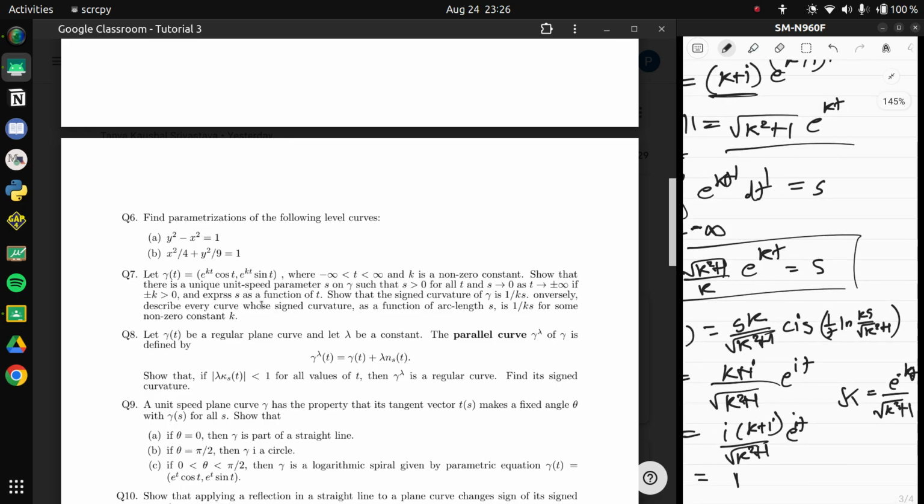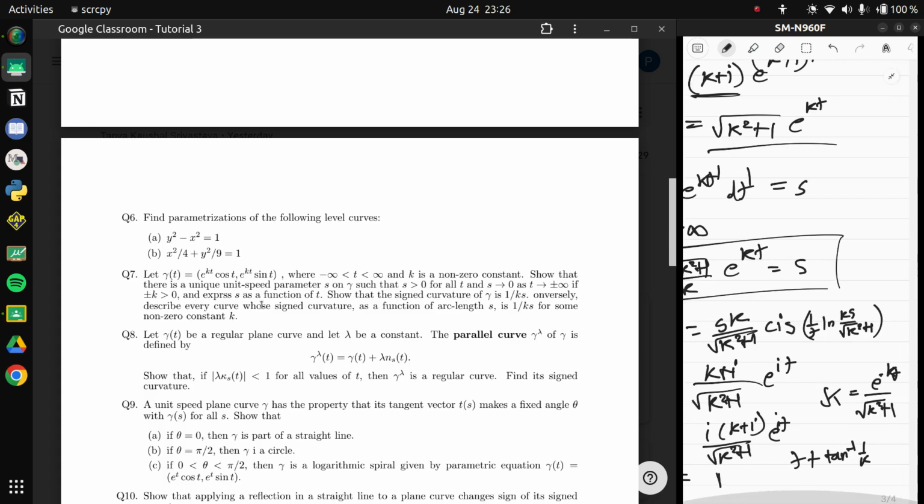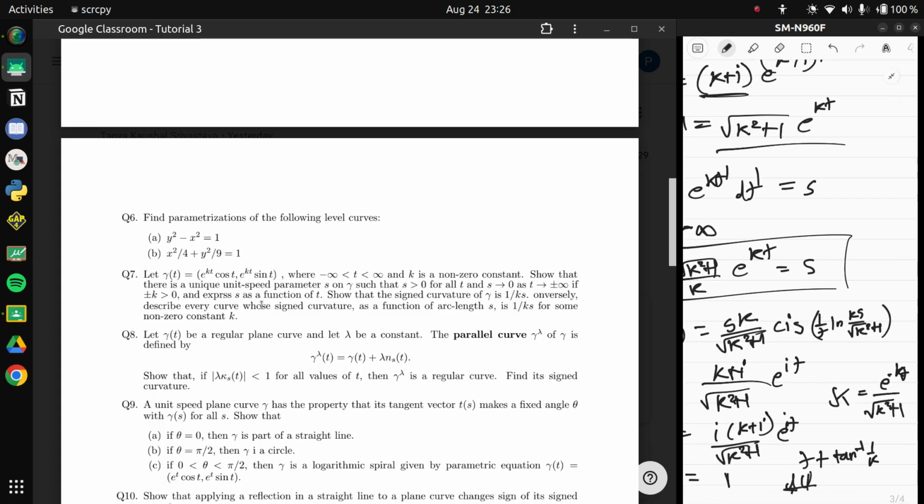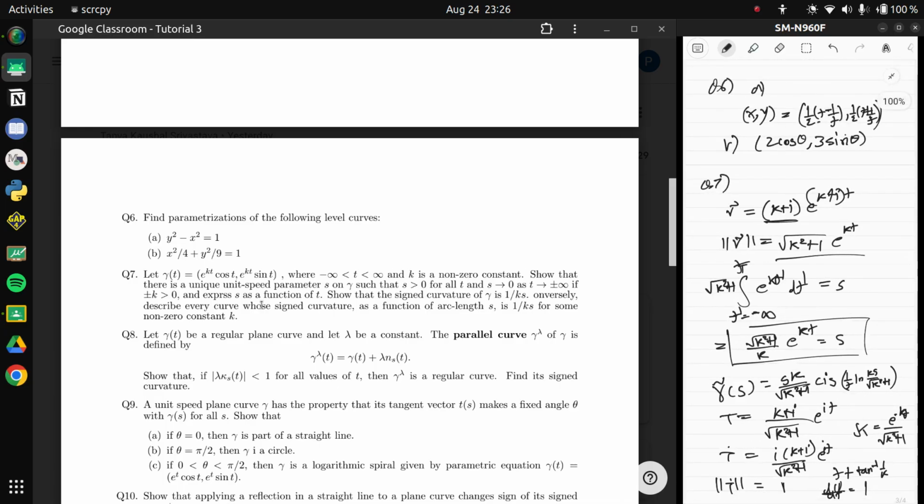So that would be something like t plus a constant, the tan inverse of 1 upon k, which we don't really care about, so it's just t basically. So d psi upon dt would be 1, but then we want ds by dt. Yeah, so the sign also follows. That's amazing, in fact. So the signed curvature is e power negative kt upon square root of k square plus 1, which is actually positive.